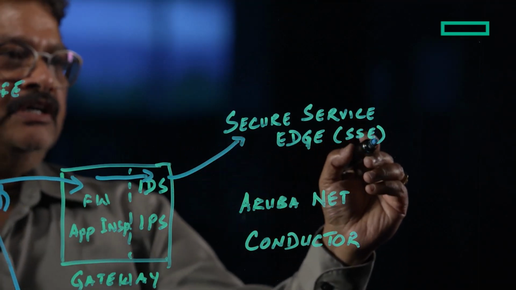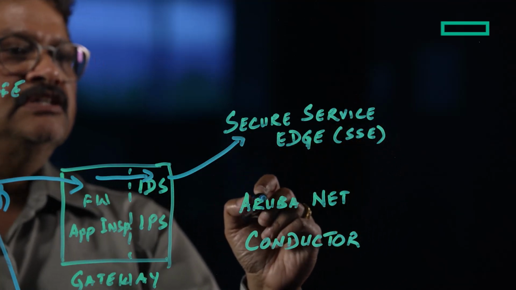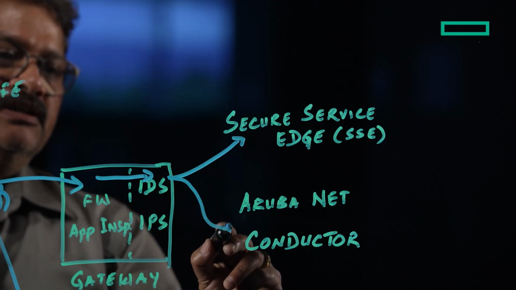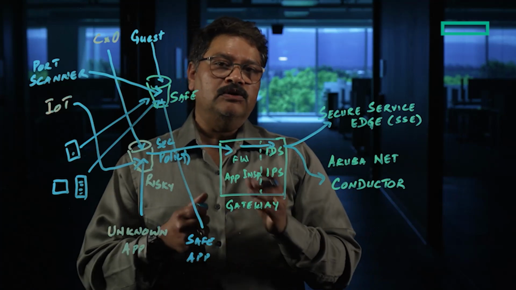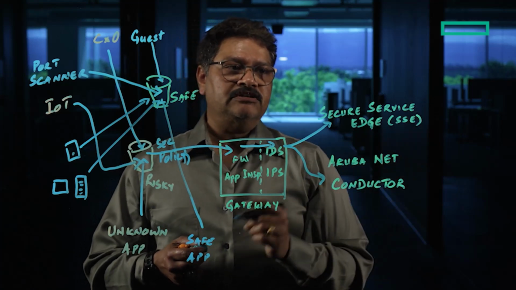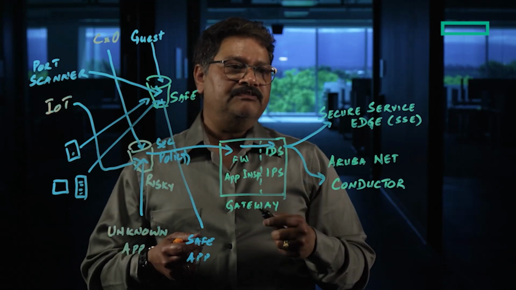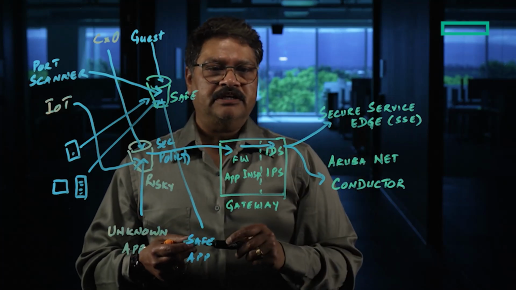If it is going external bound to the cloud, you can send it through the secure service edge, SSE. Or if you're still going through the WAN to your other sites, you can send it through the Aruba Net Conductor. Aruba Net Conductor takes care of your role-based policies, whereas your secure service edge takes care of CASB functions or other DLP kind of functions, ZTNA-like functions, and SWG-like functions can be taken care of there.